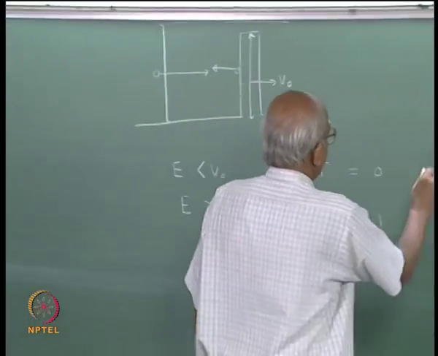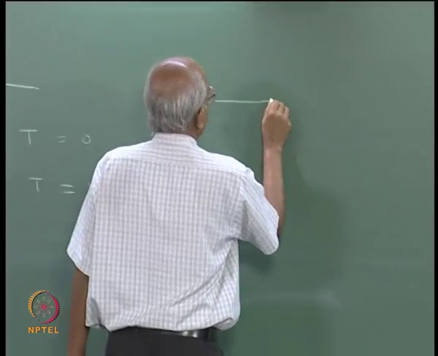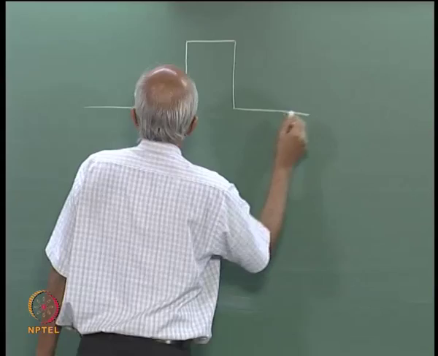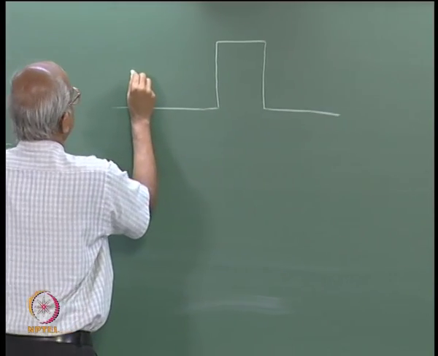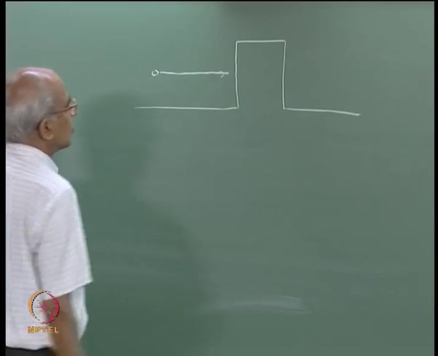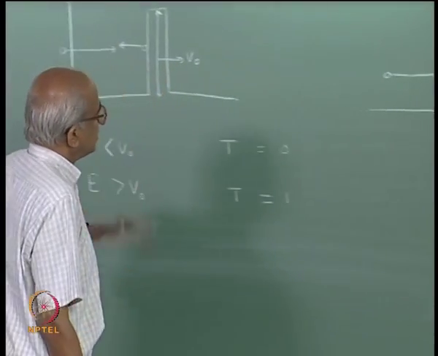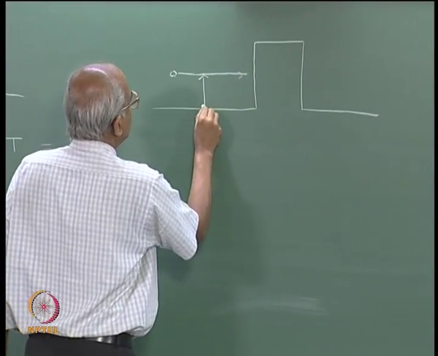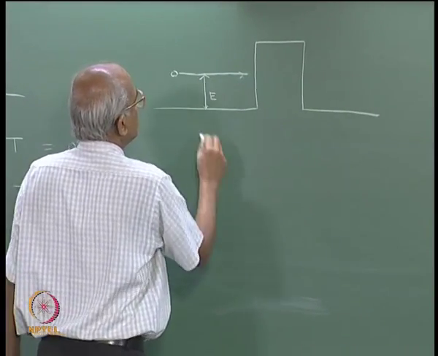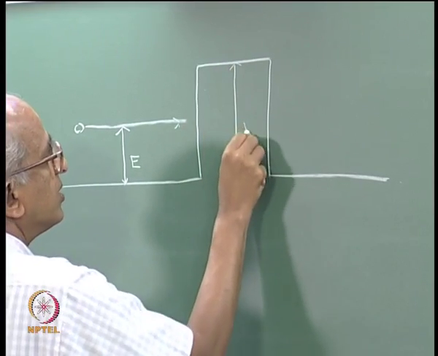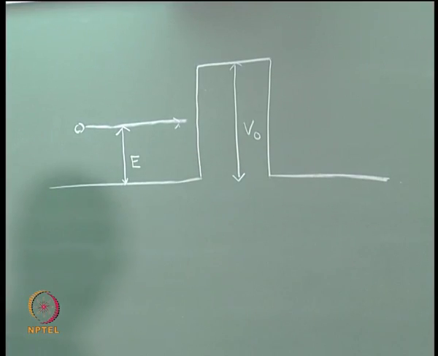So for example, imagine this is a barrier and I have a quantum mechanical particle. The barrier is something like this, and I have a particle which obeys quantum mechanics incident from this side, and it is incident, let me say, with that much energy which we call E, and imagine that this is actually less than the height of the barrier, which we denote by V0.